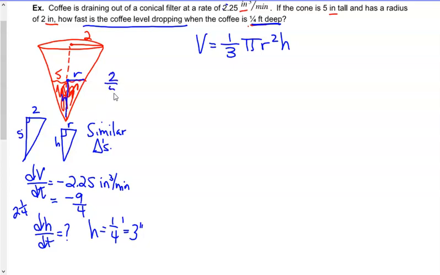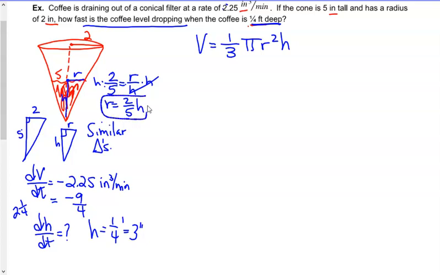So I could say 2/5 is equal to R over H. And if I want to remove R out of this formula, I need to solve this for R in terms of H. Again, let me say that again. If I need to remove R out of this formula, I need to figure out how they are related so I can get this in terms of H. So if I want to get R by itself, all I merely have to do is multiply by H. Therefore, I can write that as 2/5 H.